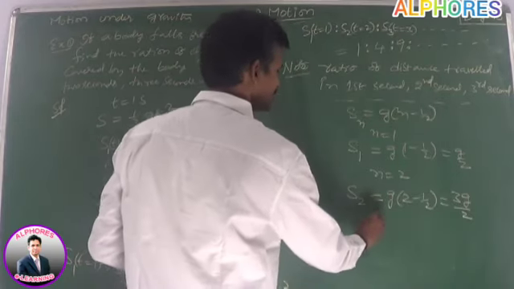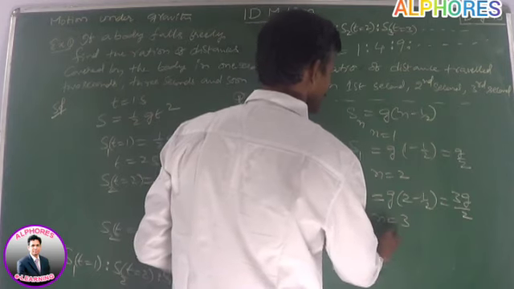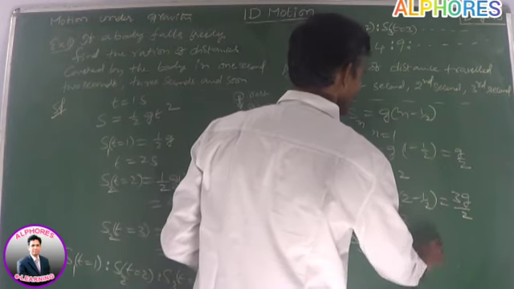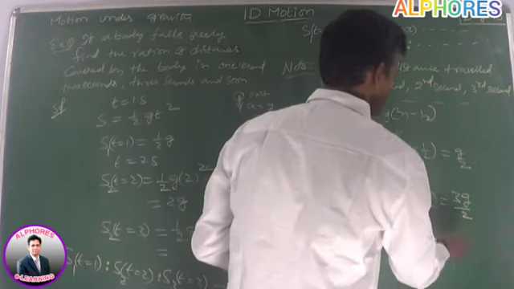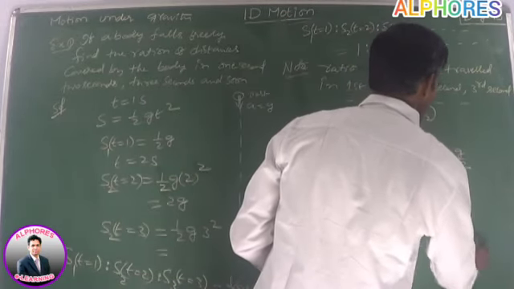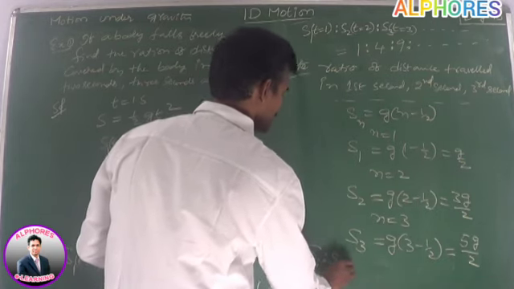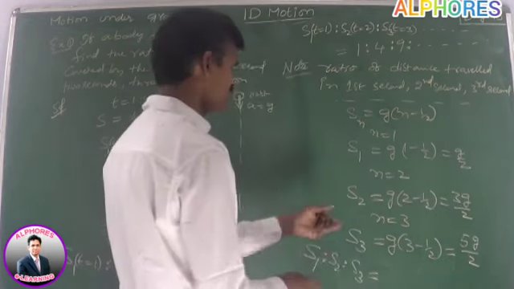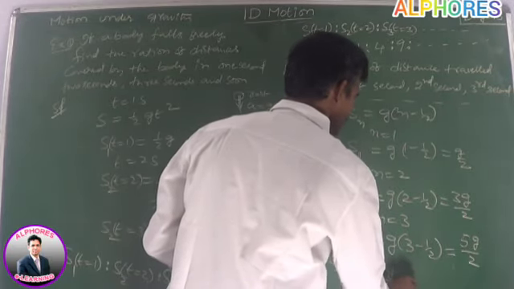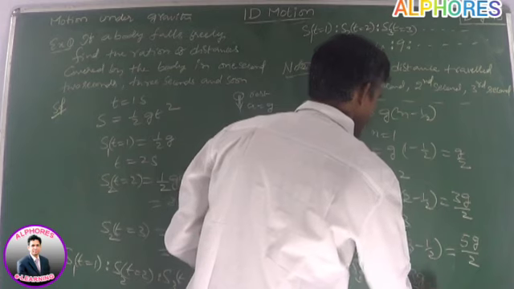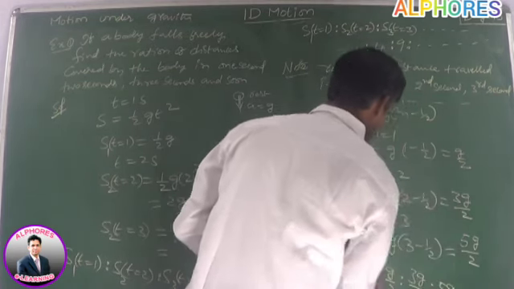Similarly, if n is equal to 3, you get S3, that is g into 3 minus half, that is 6 minus 1, 5g by 2. So S1 is g by 2, S2 is 3g by 2, S3 is 5g by 2, and so on.